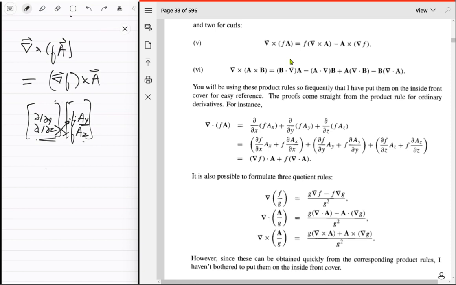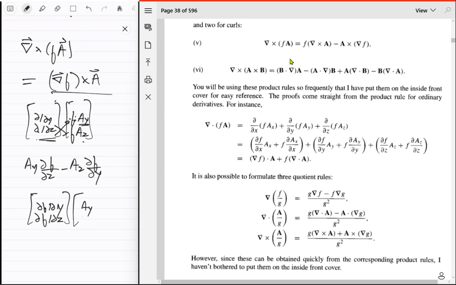So what's the x component? It's just ay partial f upon partial z minus az partial f upon partial y. And over here, what's the x component? You've got partial f upon partial y in the y component and partial f upon partial z in the z component, times ay and az, and this cross product is exactly the same as this.